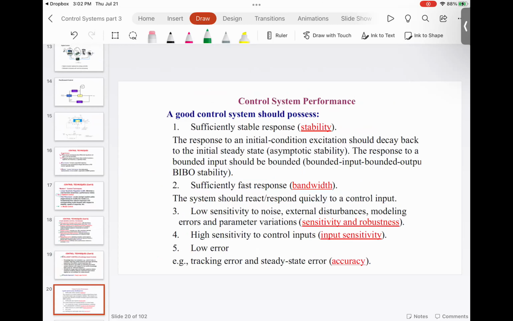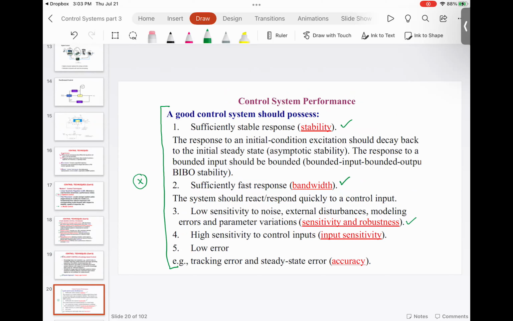And at the end of the day, this is what we want our control system to do. We want our control system to be stable. If we want it to be asymptotically stable, it should be asymptotically stable. If you want it to be simply stable, it should respond as simply stable. It should be super fast. It should not be sluggish. It should not take 10 minutes to respond. Then it should have low sensitivity to noise or disturbance.